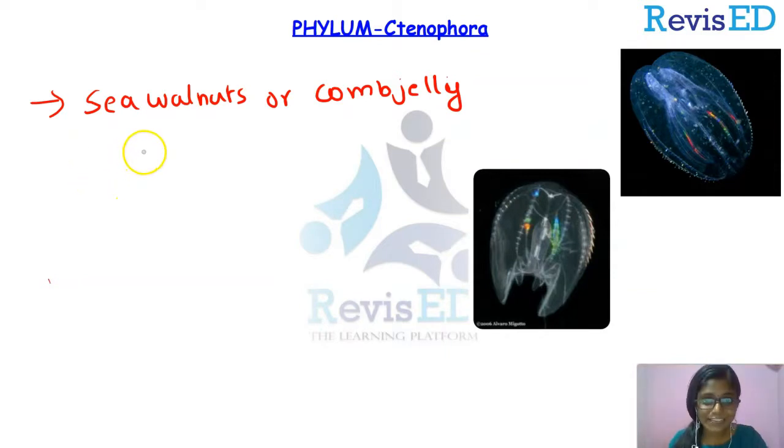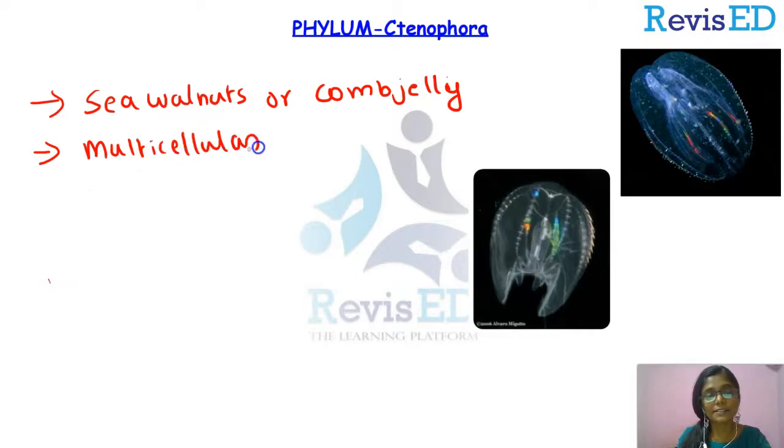They got this name because they resemble walnuts, and they got the name comb jelly because there are several plates, several combs, present all over their body. Now, are they unicellular or multicellular? Definitely they are multicellular organisms, right? And what about their germ layers?